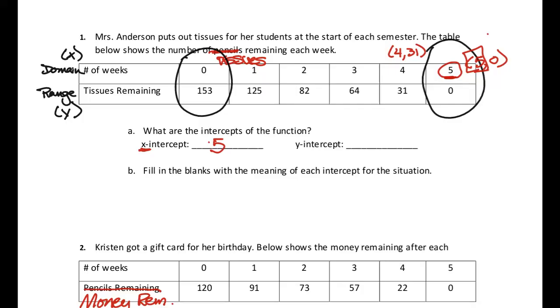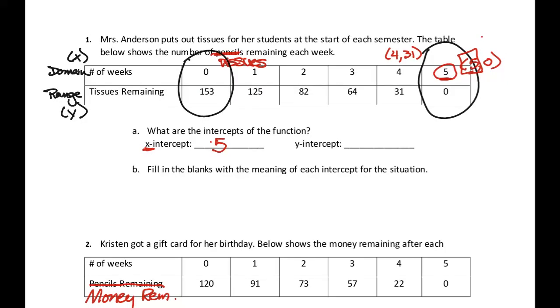So the y-intercept, I think I was talking to somebody. What's the y-intercept of this table then? Callie? Any idea? Well, if we already said 5 is the x-intercept, what do you think the y-intercept must be then? The other circled one.